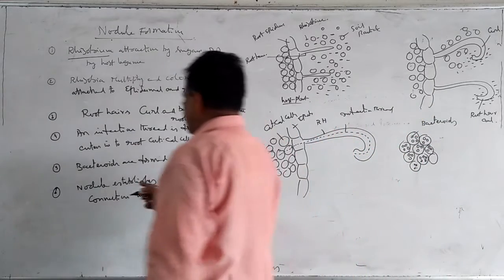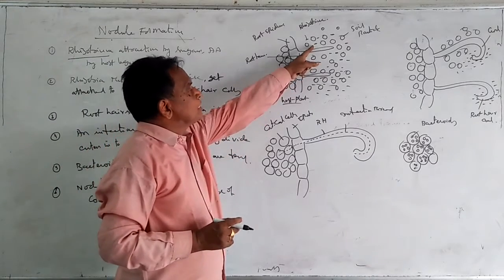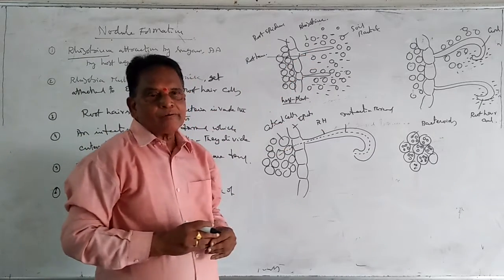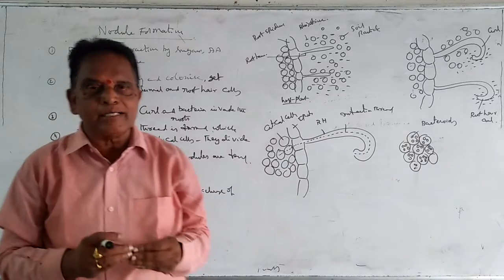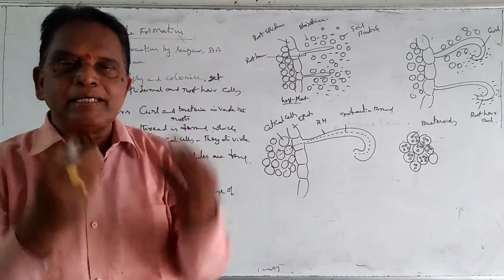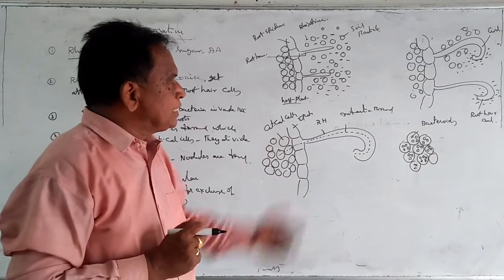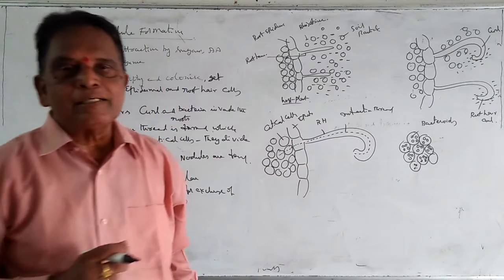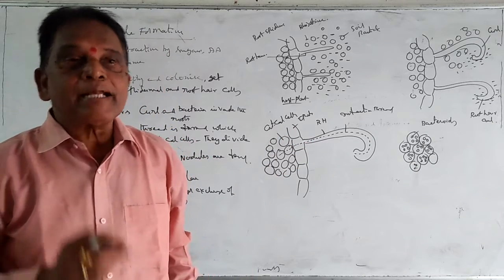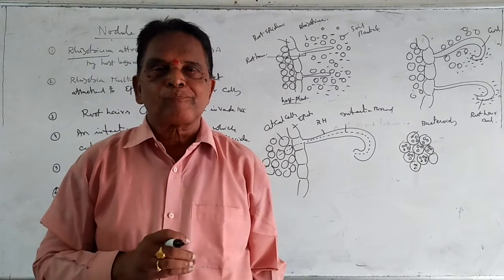In the next step, the bacteria, originally rod-shaped, when they enter into the root cortical cells, change their shape to spherical, and in that spherical shape they are called bacteroids. Bacteroids are the actual symbiotic bacteria.